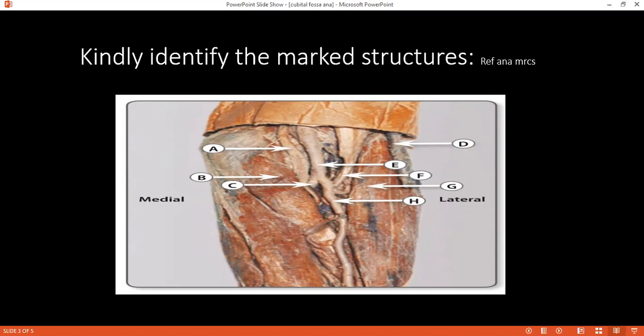It's a synovial hinge joint. And what are the movements which are possible? Movements are flexion and extension, and abduction and adduction. Okay.